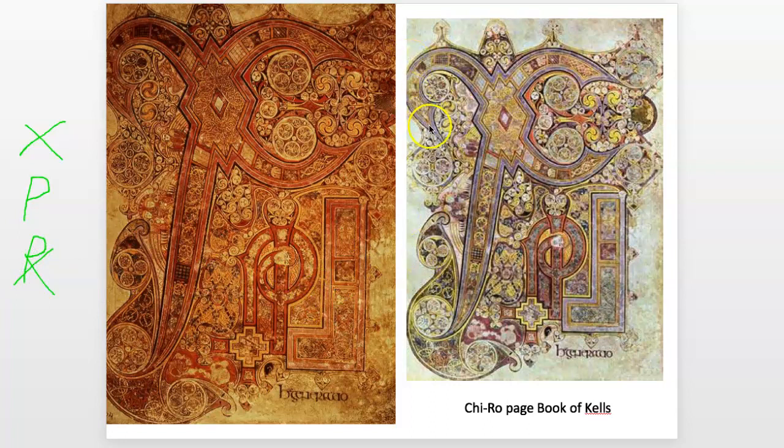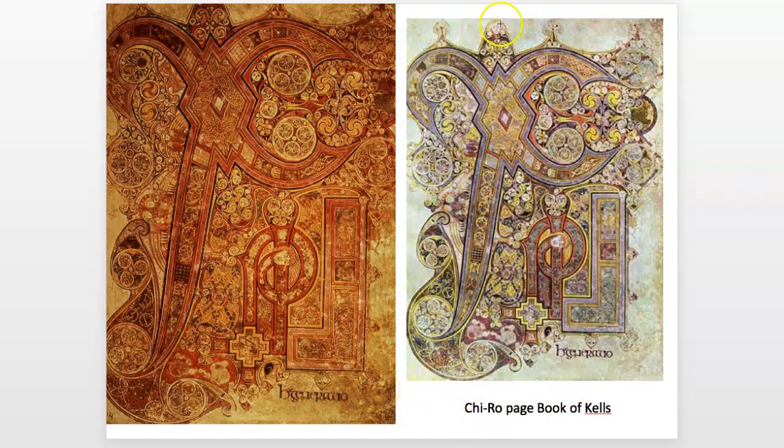Well, you can see it happening here. There's a very fancy X, and then you have it kind of turning into a P as well at the same time. It's more abstract going on, but you get the idea of it, right? So that's the first 2 letters of Christ's name in Greek, the X and the P.